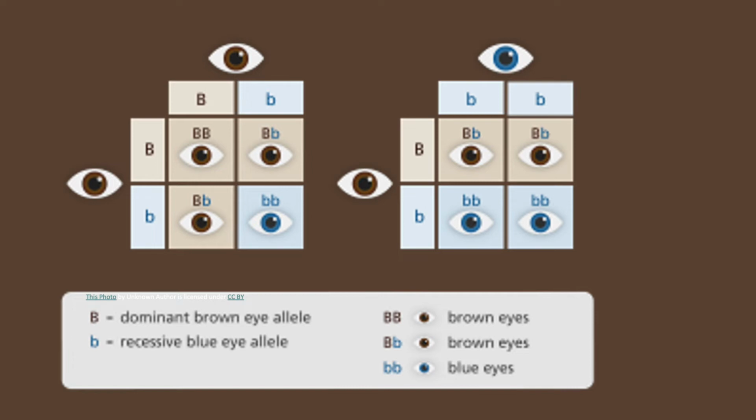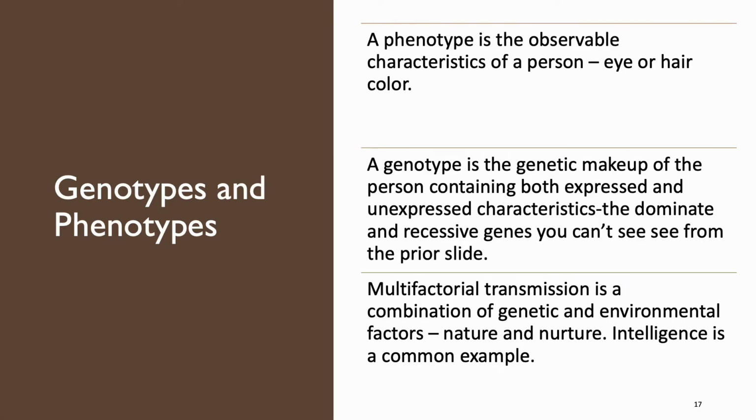Relatively few traits are determined in this simple fashion. Most traits, however, result from polygenetic inheritance, which is the interaction of many genes. We also have genotypes and phenotypes. My brown hair is a phenotype.